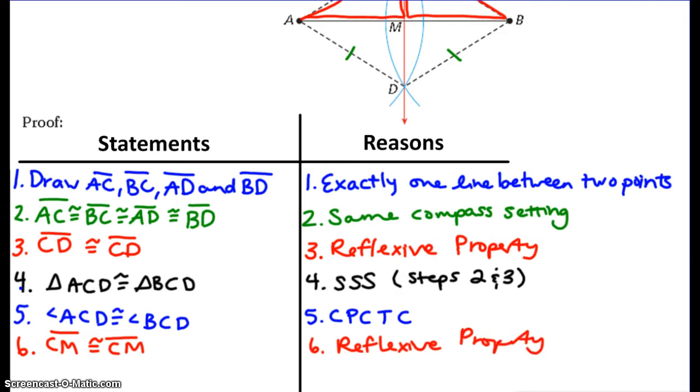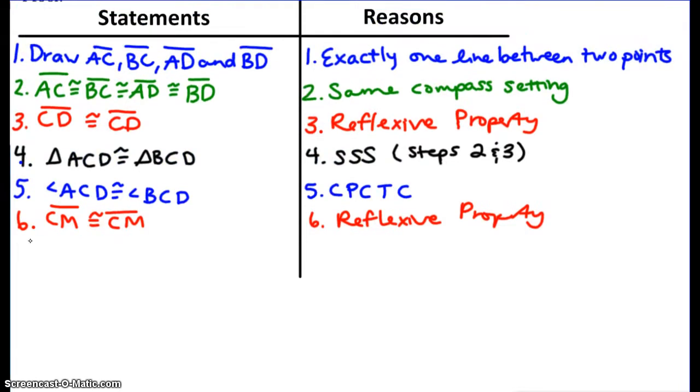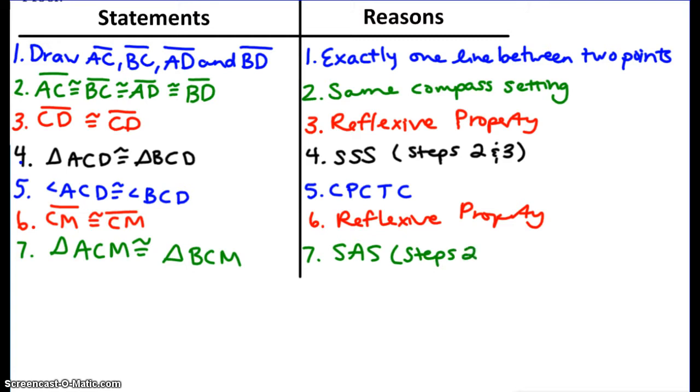And that means that the two triangles must be congruent. So triangle ACM is congruent to triangle BCM by side, angle, side. And in this case, we used steps 2, 5, and 6.